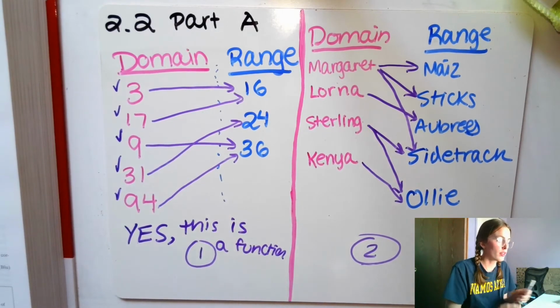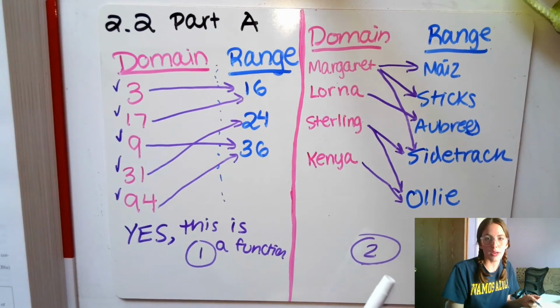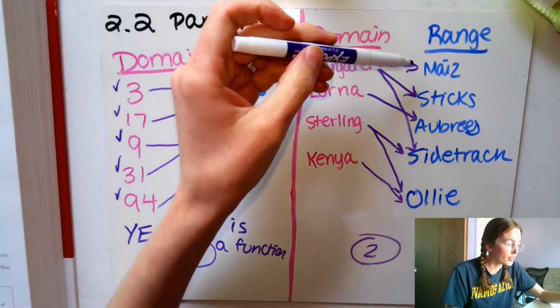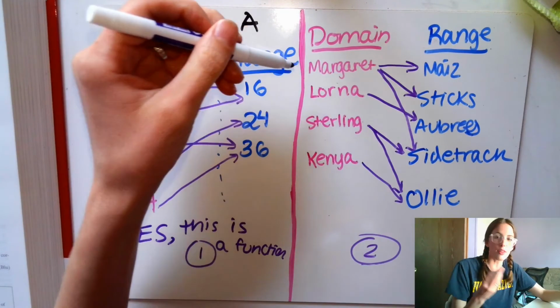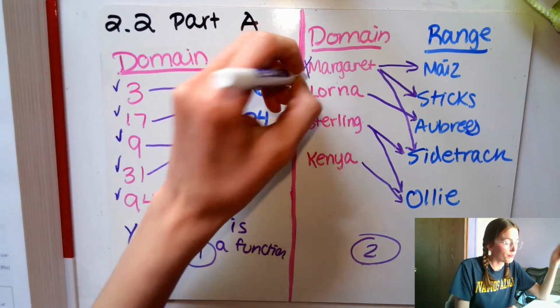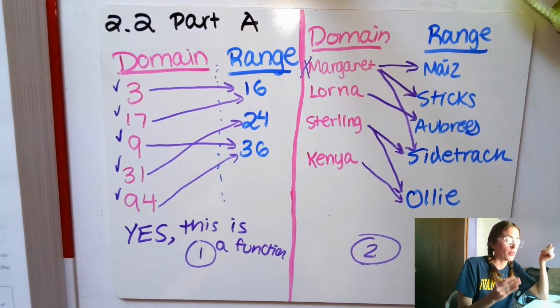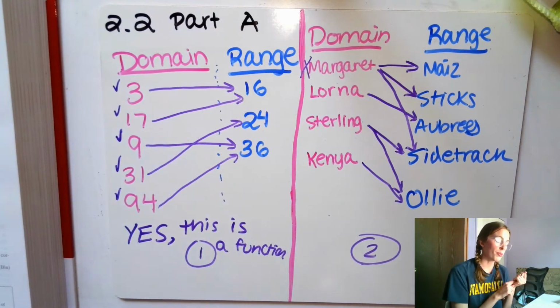Okay, so now this next correspondence is corresponding people to the places they like to eat in Depot Town. So Margaret, that's me, I like to eat at Maze, Sticks, and Sidetrack. So for me, you've got 3 outputs. So we already know this can't possibly be a function, because for a correspondence to be a function, you need one possible output.